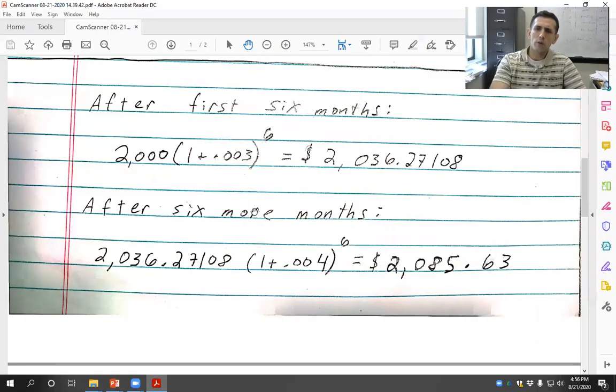Okay, so let's do the first one. What this is saying is that every month this account grows by 0.3%, which is 0.003 times 100. We're letting this 2,000 sit in this account for 6 months, so we compound the interest 6 times.